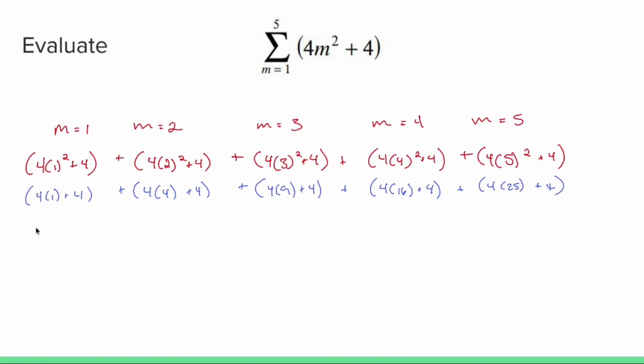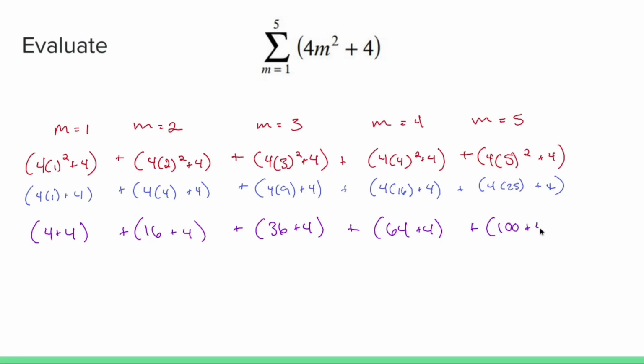All right, 4 times 1, so we got 4 plus 4, 4 times 4, 16 plus 4, 4 times 9, 36 plus 4, 4 times 16, 64 plus 4, 4 times 25, 100 plus 4.